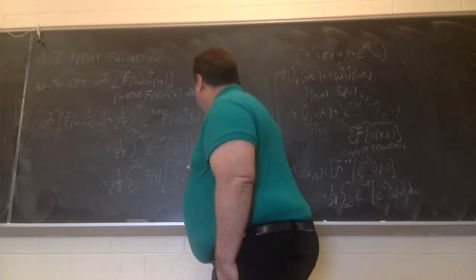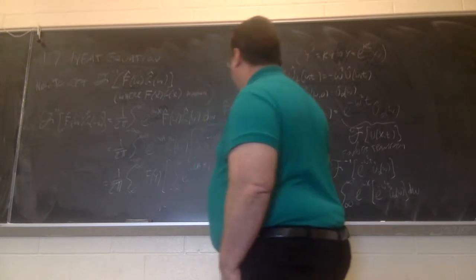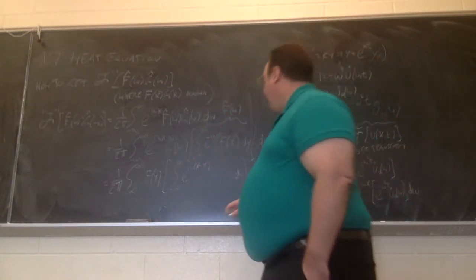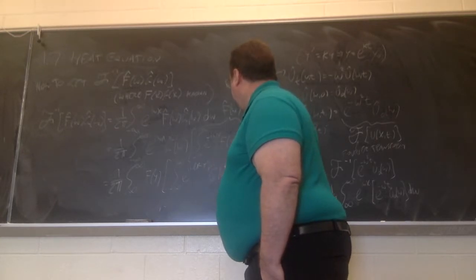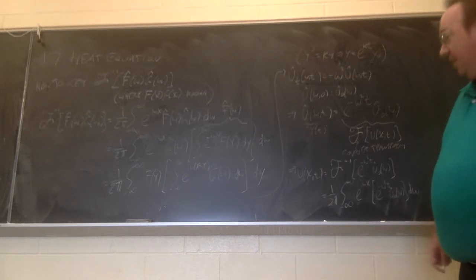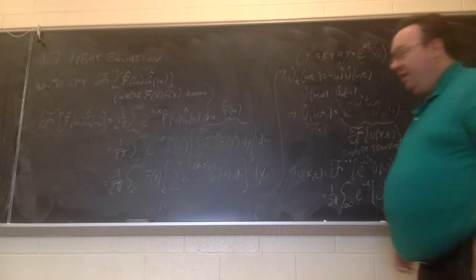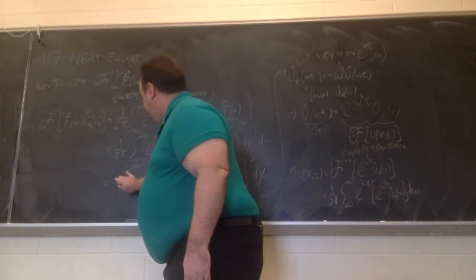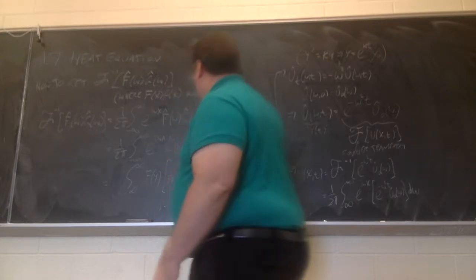So I can combine them, e to the i omega (x minus y). And then g hat of omega. And although I can put it anywhere, I'm going to get rid of 1 over 2 pi out here. I'm going to put it in here. Okay.